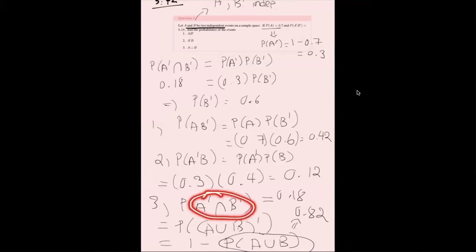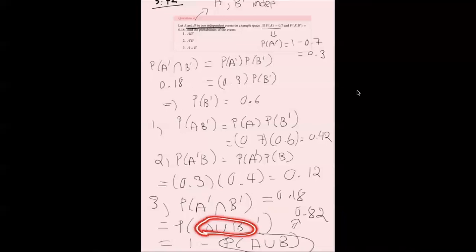And then this set by De Morgan law is A union B complement. From here to here is just De Morgan law. And then probability of something complement is equal to 1 minus probability of that something, which is A union B. And this is the quantity we are trying to calculate.